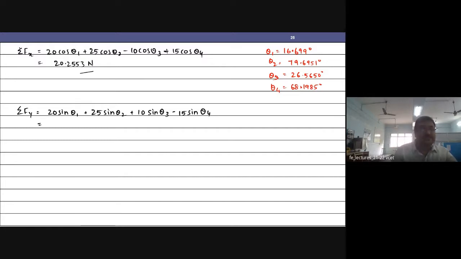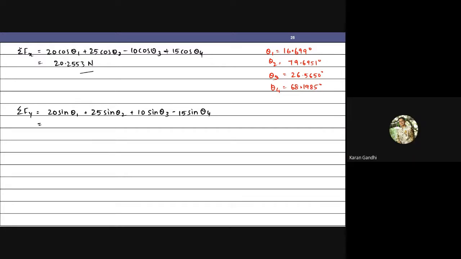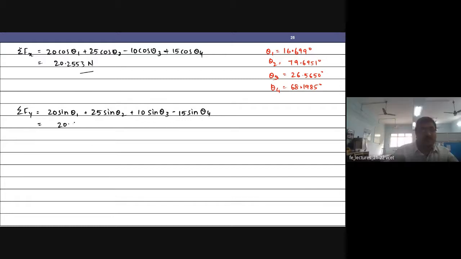Yes, what about sigma Fy? 20.8886 Newton. Okay, so I've got the values for sigma Fx as well as for sigma Fy.